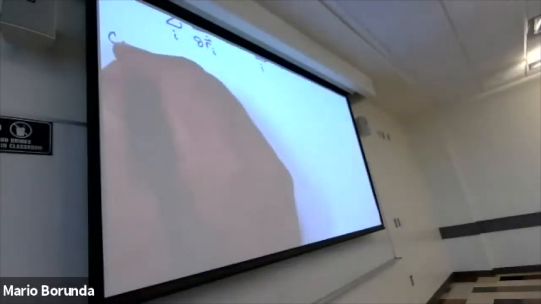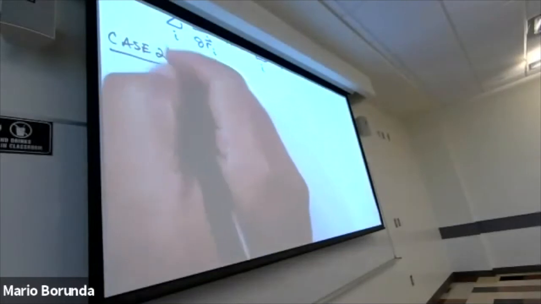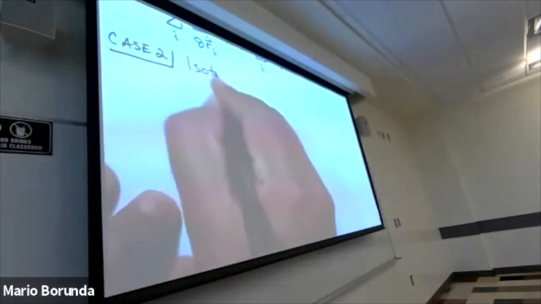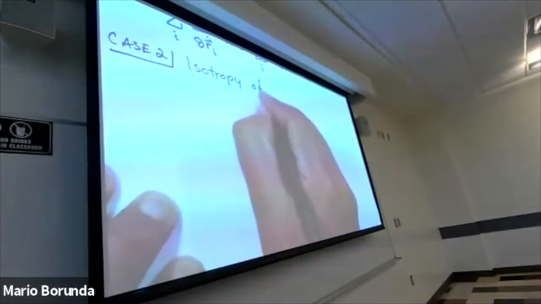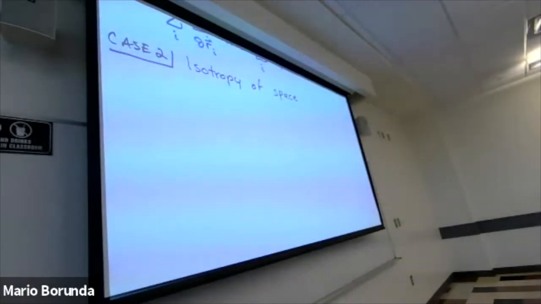All right, let me do a second case. This one is similar to that one. Isotropy of space.